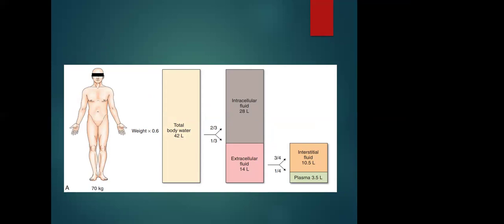Two thirds of that will be intracellular and one third will be extracellular fluid. Of the extracellular fluid, three quarters will be interstitial, which is about 10 liters, and plasma will be one quarter.